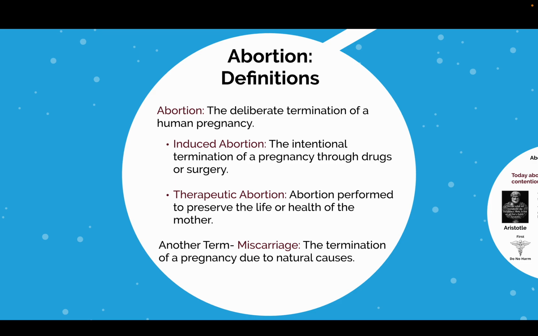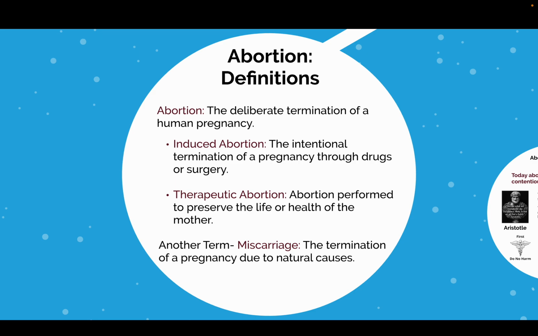So most late-term abortions are therapeutic abortions. They are specifically done because it is a health emergency. But therapeutic abortions can occur in each stage of the pregnancy as well.